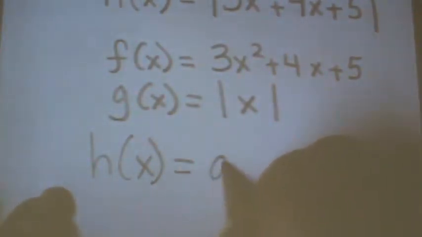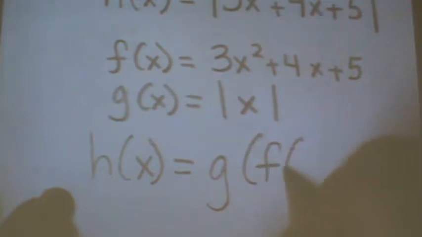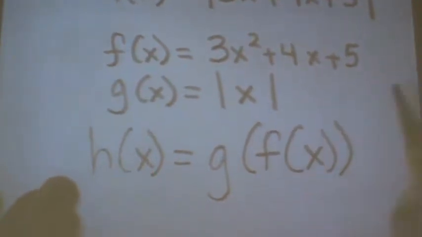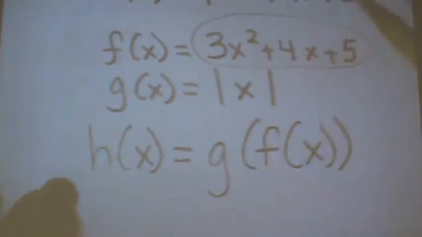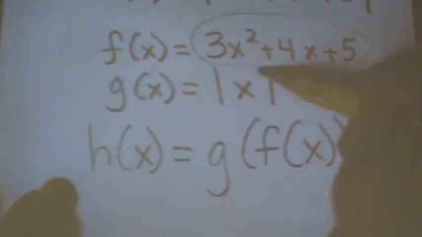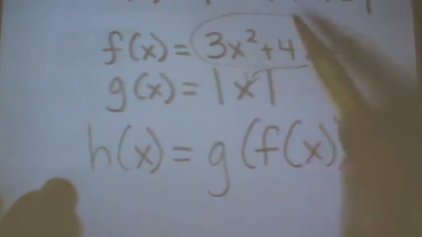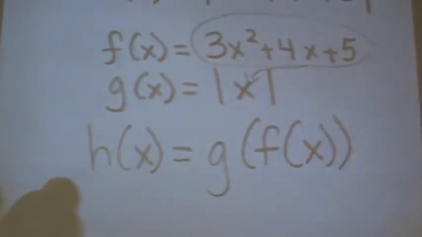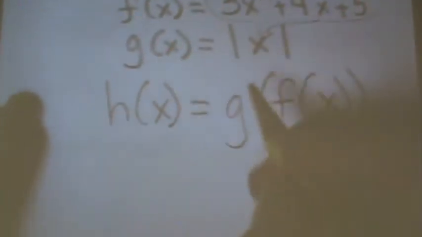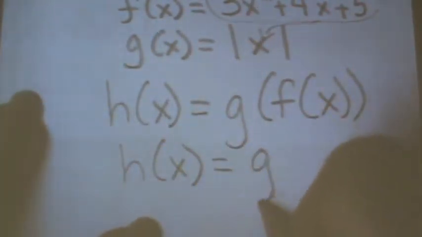So now I'm going to say h of x is g of f of x. If I plug this in here and put that in for x, do I get h of x? Yes. Can you use the little o? Yes. And what would that look like if I used the o? There it is.